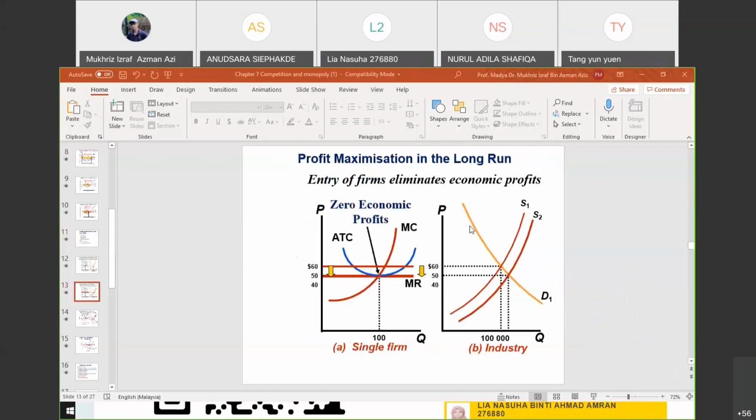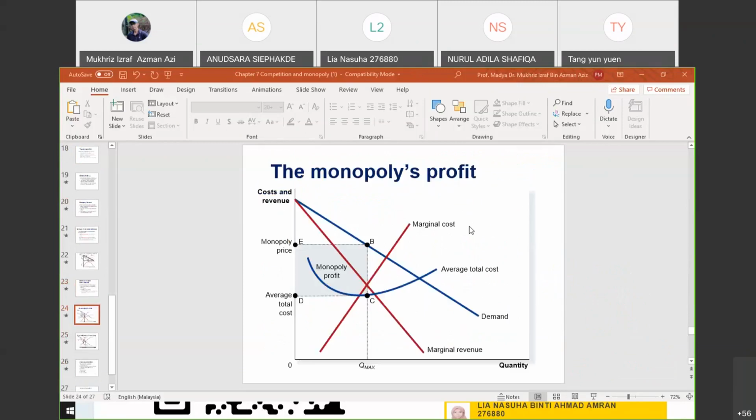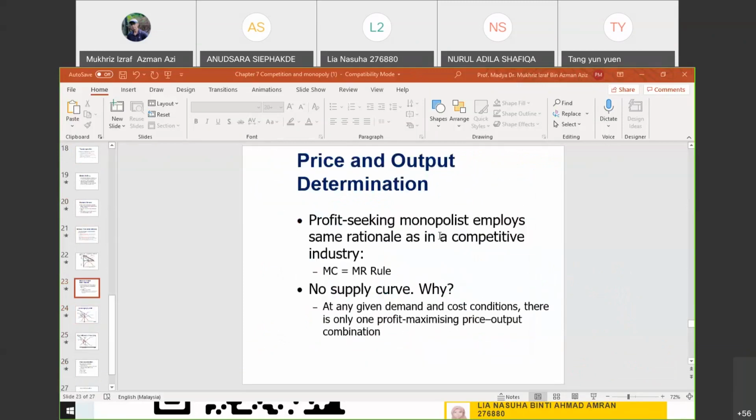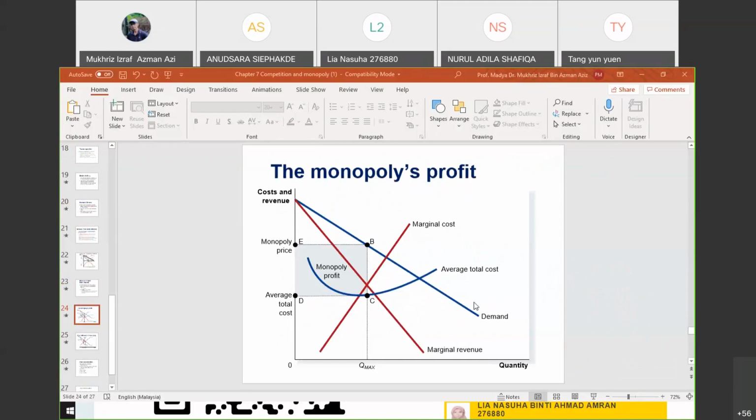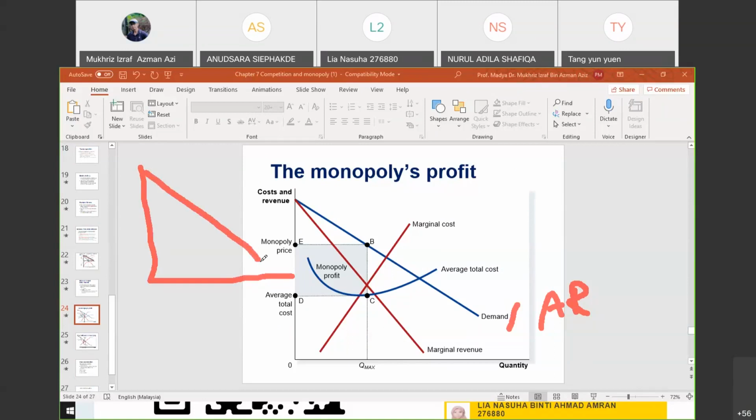So that brings us to this graph here. The main thing you can see here is the MR and the demand curve. For the demand curve, you can put AR in your notes or slide, demand slash AR, because this demand curve is also the average revenue curve. So whenever you see a monopoly market graph, you draw the first line, which will be the average revenue, AR.